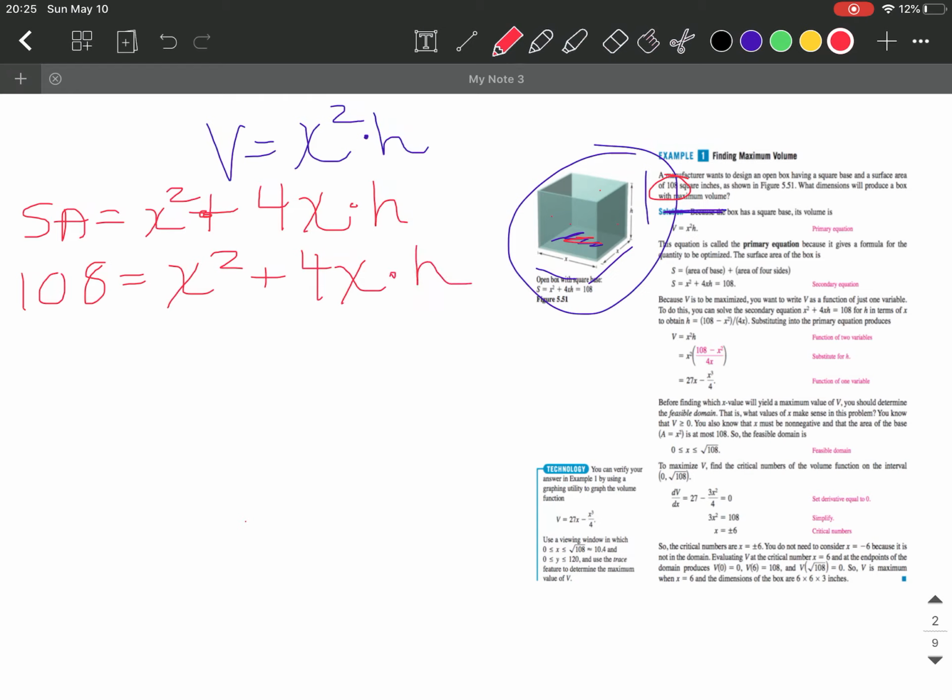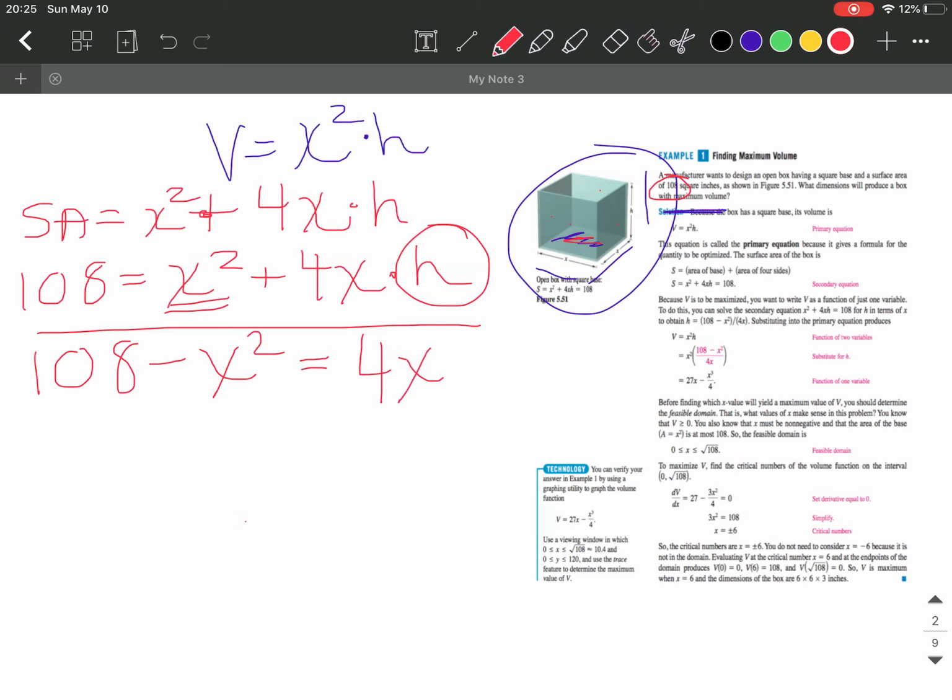So which variable do you think it's going to be easier for me to solve for in this relationship? Obviously, h is going to be much easier. So let's go ahead and do that. First, I'm going to do 108. Este pasa restando, so minus x squared equals 4xh. And then I want to leave h alone because it's the one I'm going to be substituting for. So this 4x pasa dividiendo este lado.